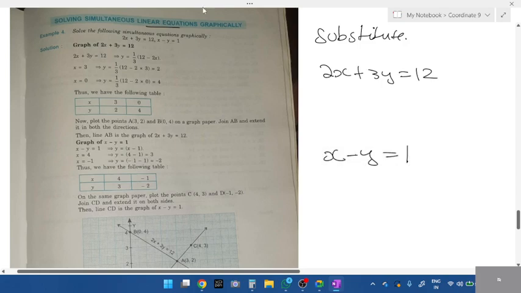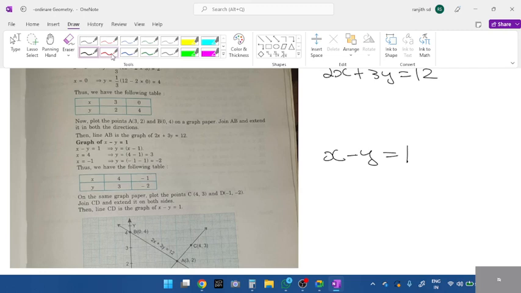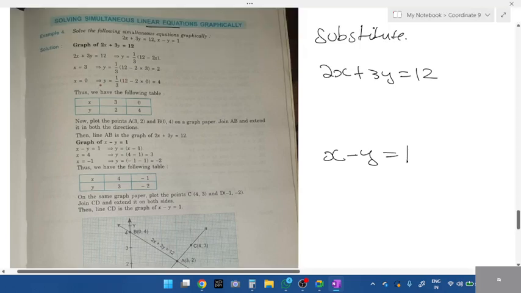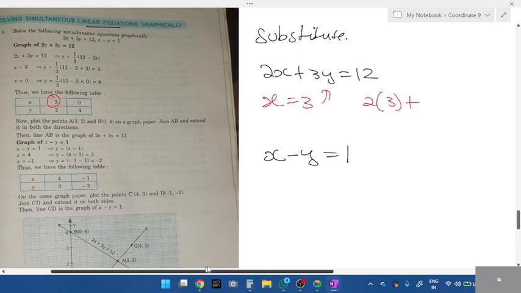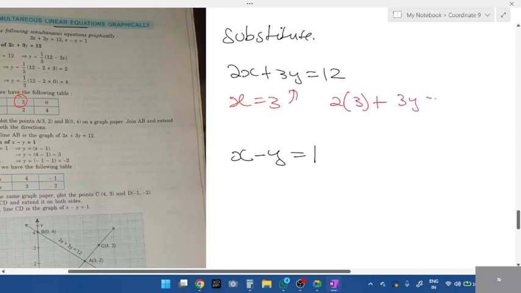Two equations are given. In both equations, let us assume a value. In the first equation, what they have taken is, let x is equal to 3. Substitute 3 in this, what do we get? 2 into 3 plus 3y is equal to 12.